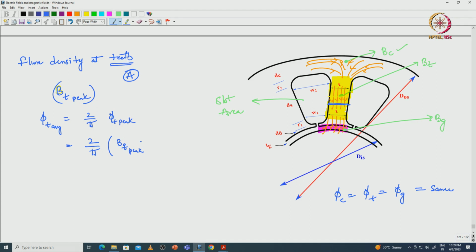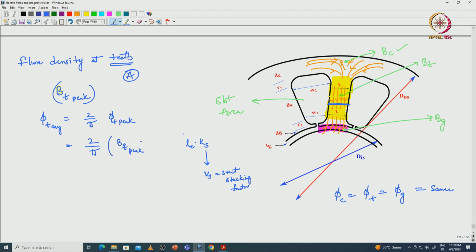Here the cross sectional area with respect to this particular point is the y axis length Le into stamping factor Ks. Here Ks is the steel stamping factor or steel stacking factor, okay. And Le is the effective length of a core including the air ducts, and the x axis length is what?